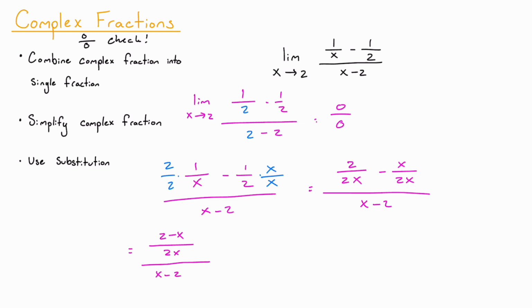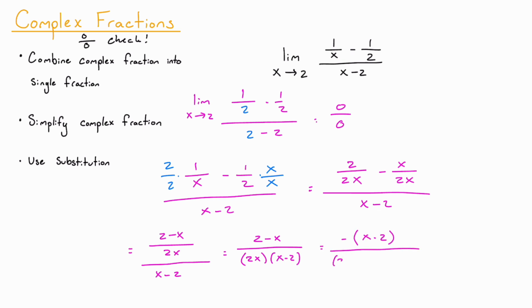And now we've got two denominators here, which means that we can actually combine those denominators together. We get 2 minus x divided by 2x times x minus 2. And 2 minus x is also just a negative 1 times x minus 2.